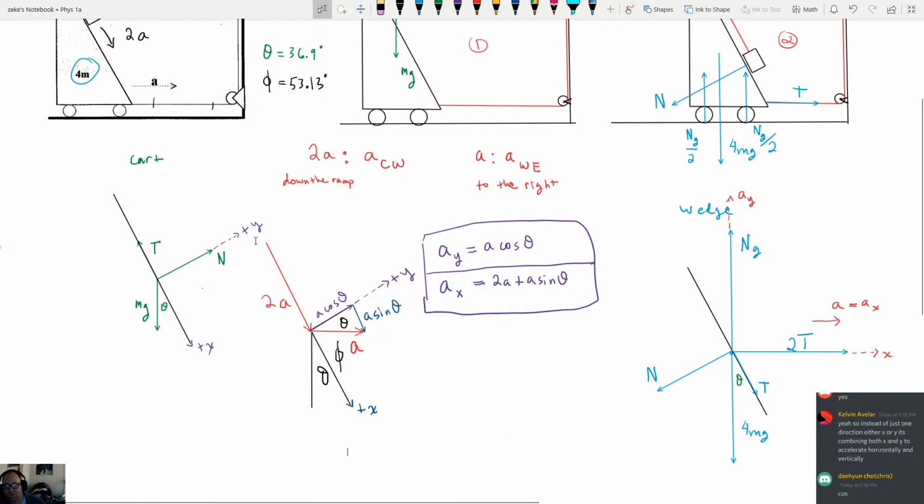Okay, good. Are there any questions at all about what I just said, though? About finding these two different accelerations for the cart? Like I said, you're going to have to do this in your homework problems. Almost this exact same thing is going to happen. It's not going to be the same calculation, but you're going to see problems where you have to do stuff like this.